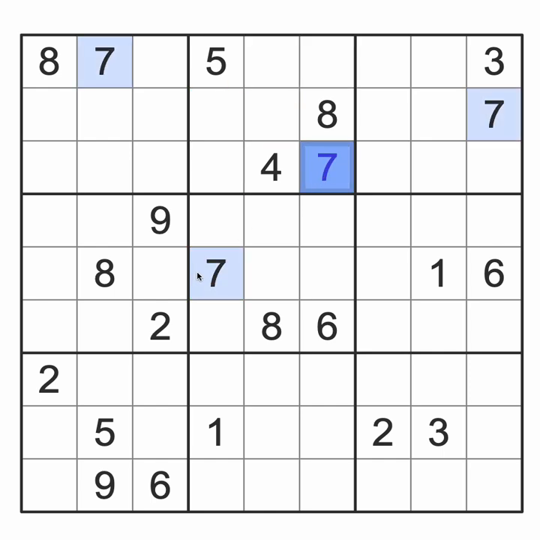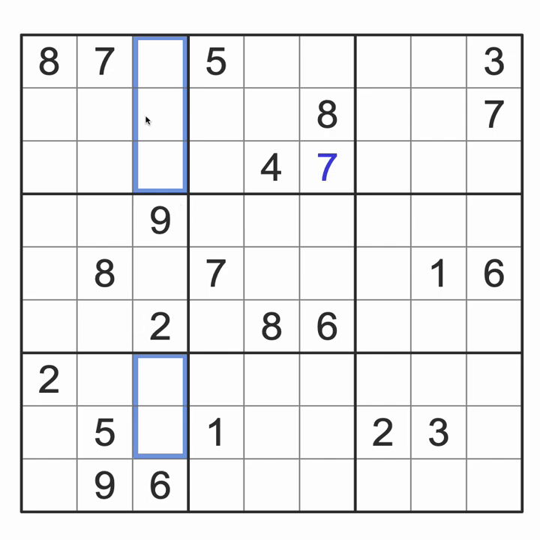Looking at column 3, I'm pretty sure there's a simpler way to do this, but there's a double on column 3.